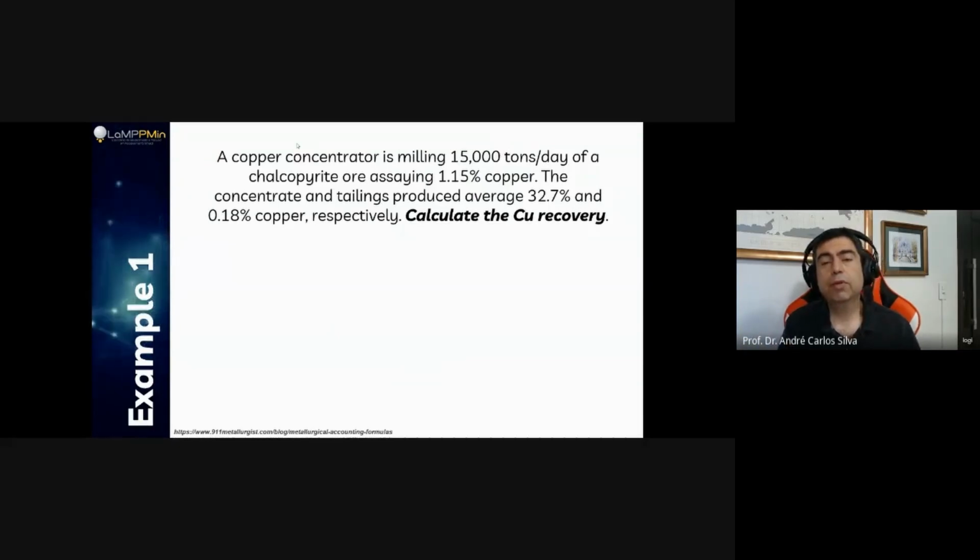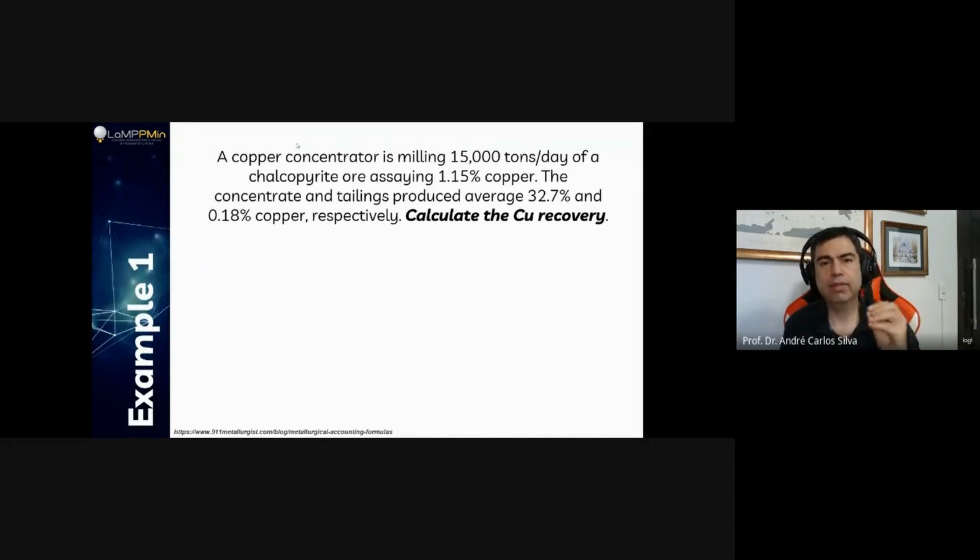So in the end, we're going to lose something like 0.18% of copper in our tailings. That's quite a good operation. If you consider that we have 1.15% in the feed and tailings with just 0.18, it's even too good to be true. But nevertheless, let's see how we can calculate this. So guys, we have just one mass in our balance.